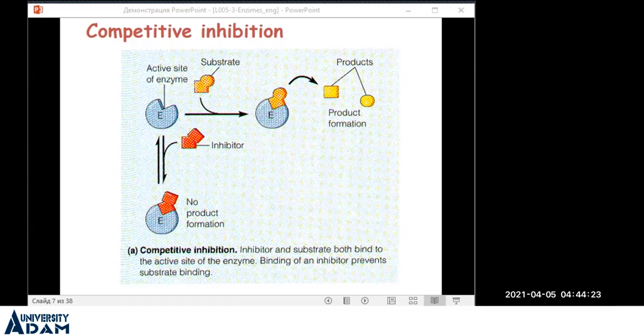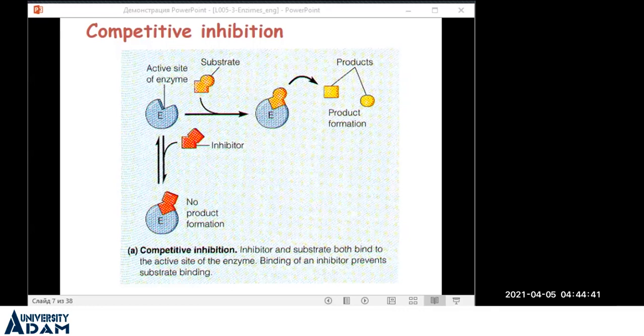But it will be more intensive than when the inhibitor volume is larger, when the mass of inhibitor is bigger than the mass of substrate in the solution.